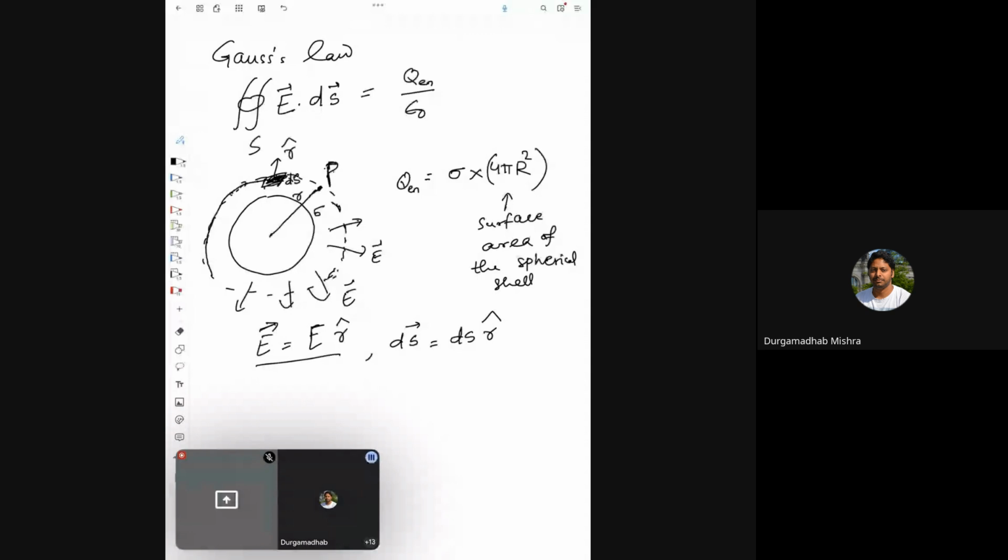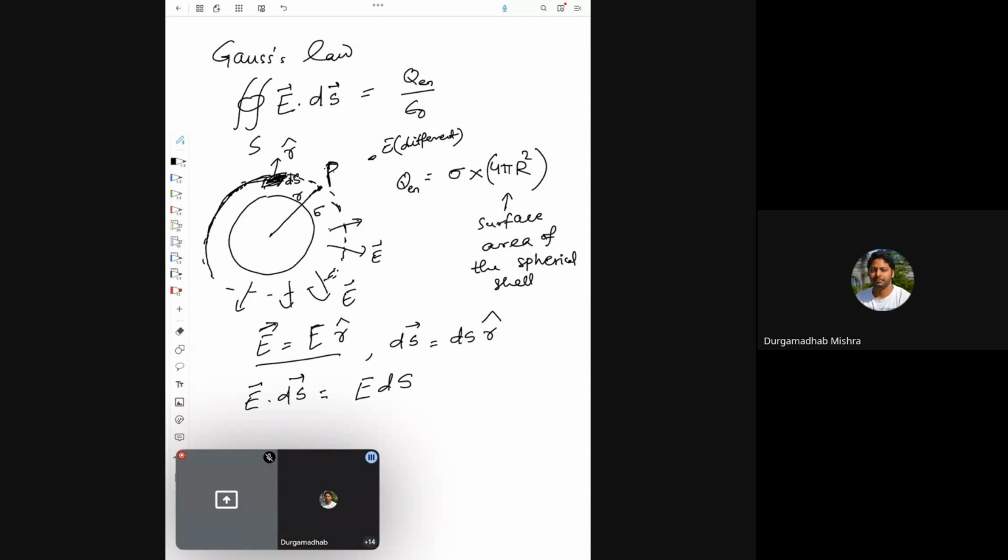If I go to another radius, the value of E will be different, but as long as I am on any of these points on this sphere, the magnitude of E will be the same. This is another characteristic of the electric field. So I can now write E dot dS; both have the same direction, so it will simply be E times dS. That will be my dot product.